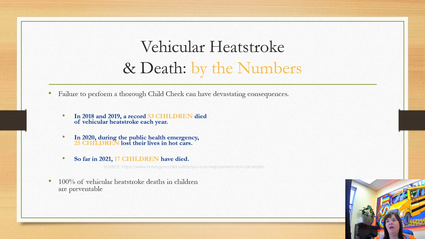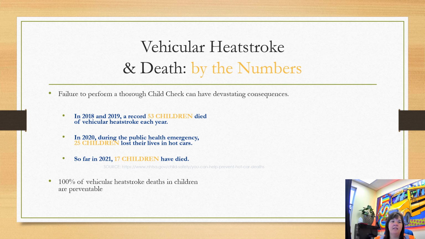One of the big problems with having a student left on the bus is just the warmth or the cold in our climate. Our weather really plays a role in just if the kids are okay. So this shows that in 2018 and 19, 53 children died of vehicular heat stroke each year.